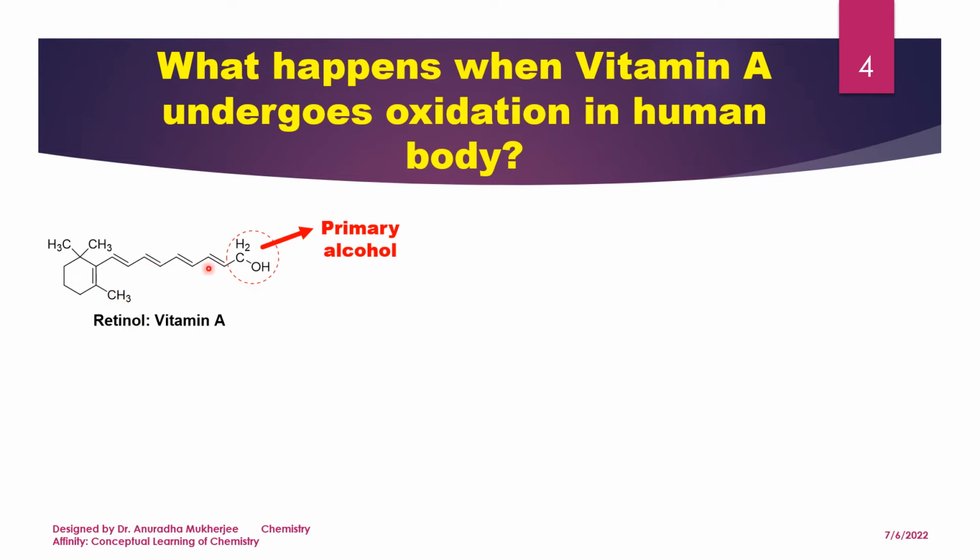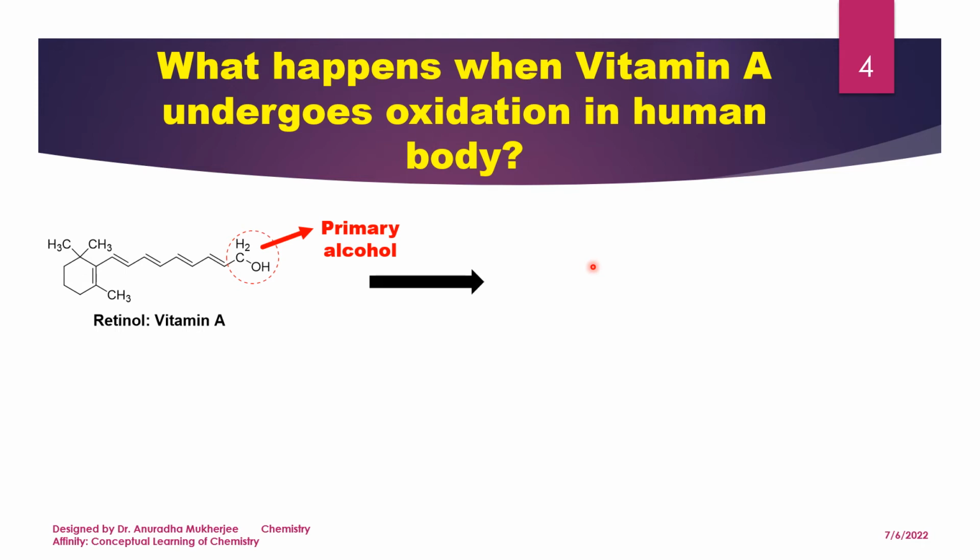Another important point I want to mention is conjugation, because if you look at the structure properly, it's an alternate single bond, double bond, single bond, double bond, single bond, double bond. This is called conjugation. So this molecule has conjugation. This molecule is an aliphatic molecule and it contains a functional group which is a primary alcohol.